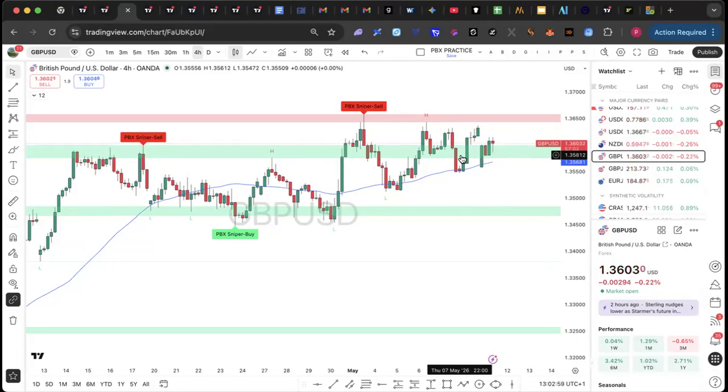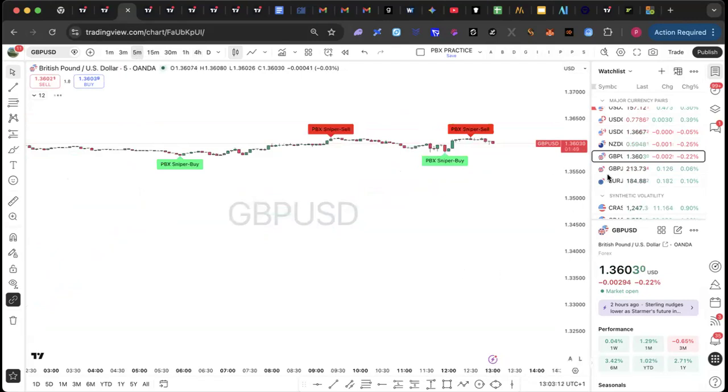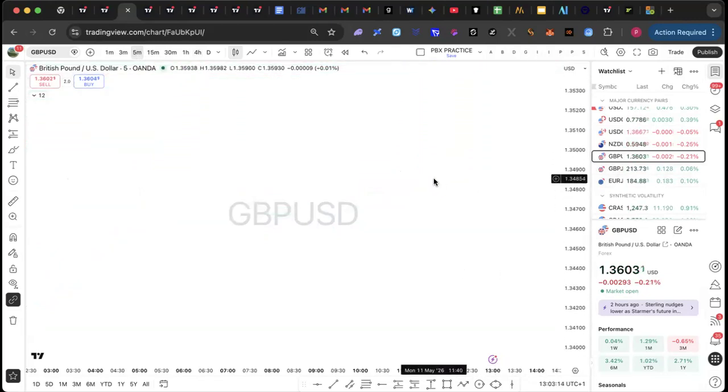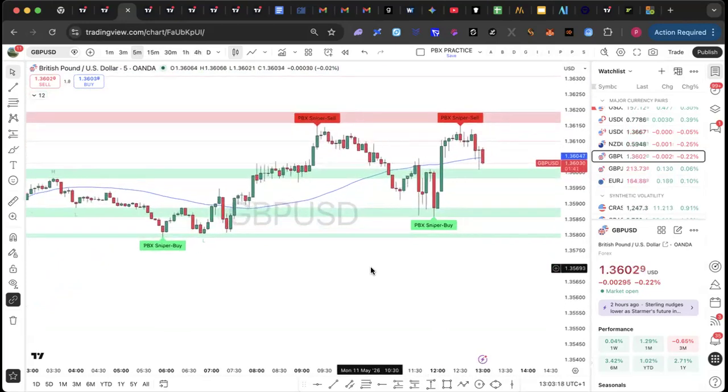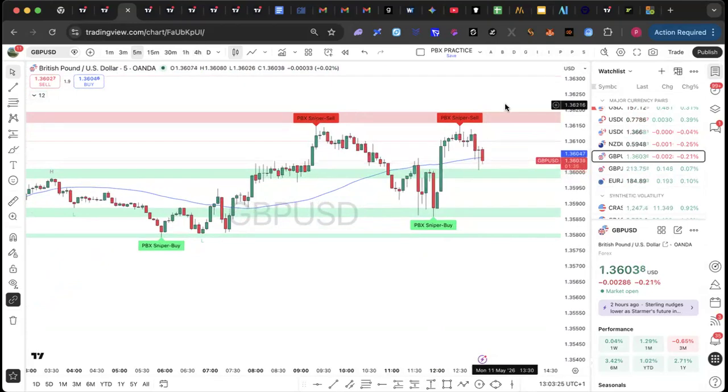But on the other hand, if we go to a lower time frame, maybe 3 minutes or 5 minutes, we can see that at 5 minutes there is already a change of structure.